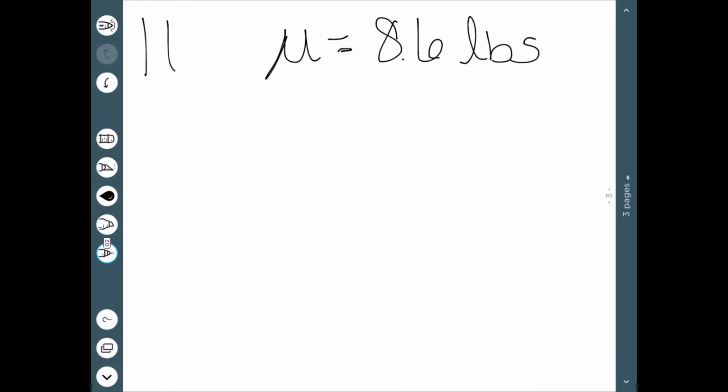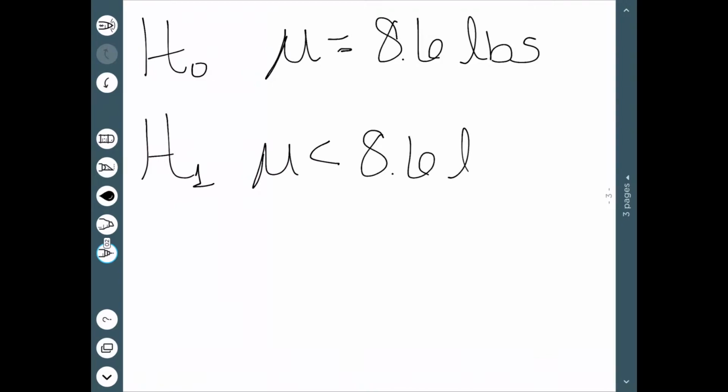And let's suppose that we know that the average birth weight of a baby is 8.6 pounds. This would be our null hypothesis. It is exactly what we think it is. The alternative hypothesis, since we think that smoking is going to cause the weight to drop, we would say the mean is less than 8.6. It's going down.